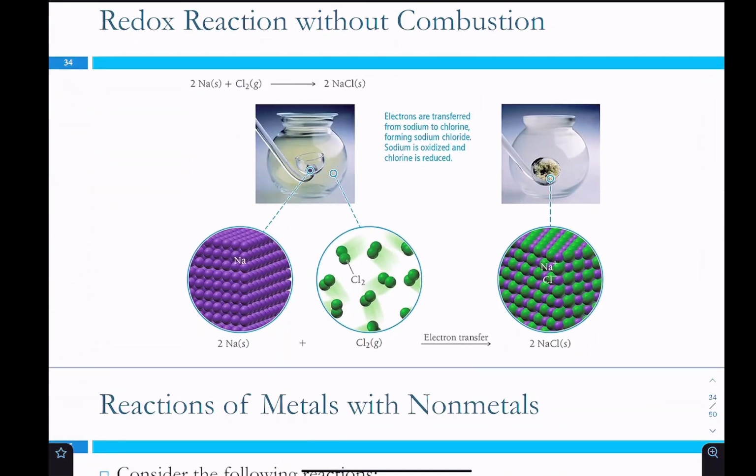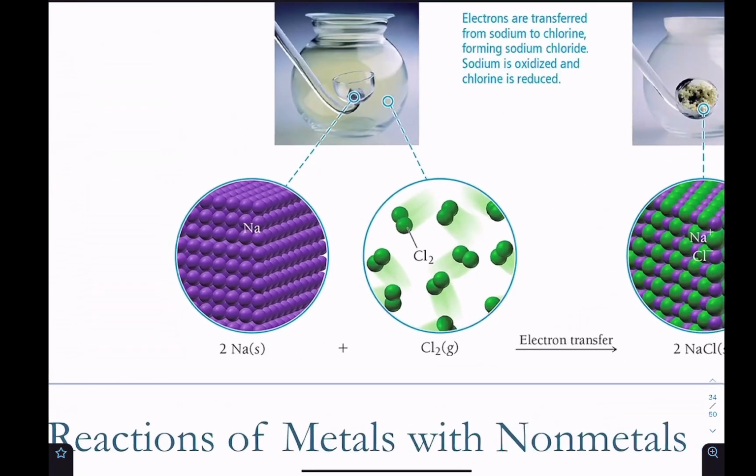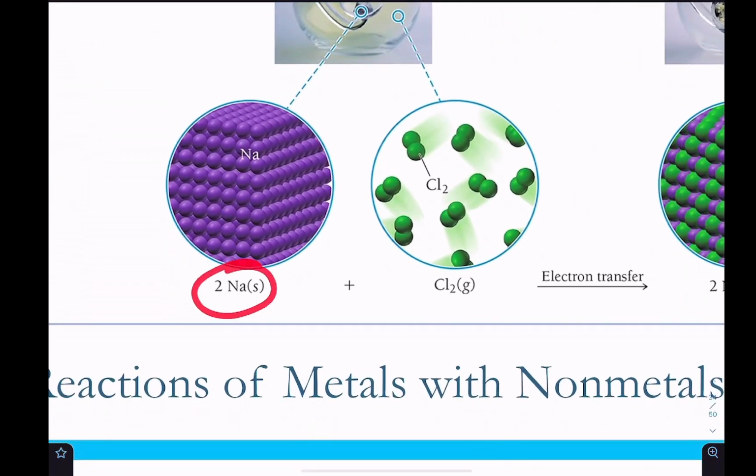And so we could also have something like this where we have sodium reacting with chlorine. Now there's no oxygen involved in this reaction, but there's an electron transfer taking place. Prior to the reaction, we have elemental sodium and elemental chlorine, neither of which have charges by themselves. If you remember from Chem 20, the charges that sodium and chlorine want to form involve either gaining or losing electrons.